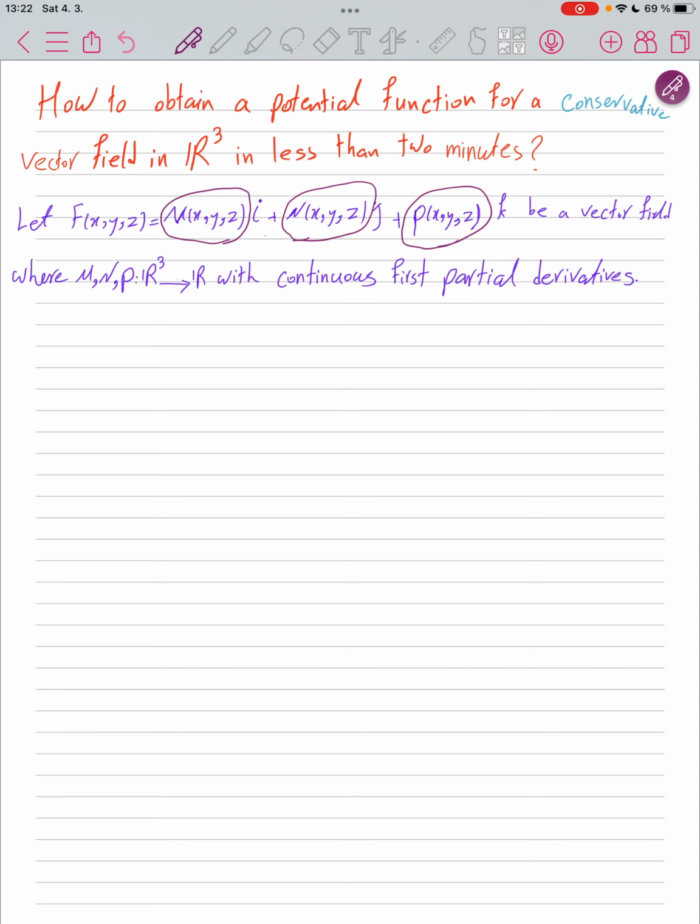We also assume that our vector field is continuous, and also the partial derivatives of M, N, and P are continuous, right?